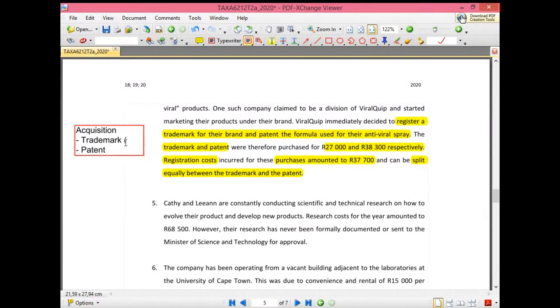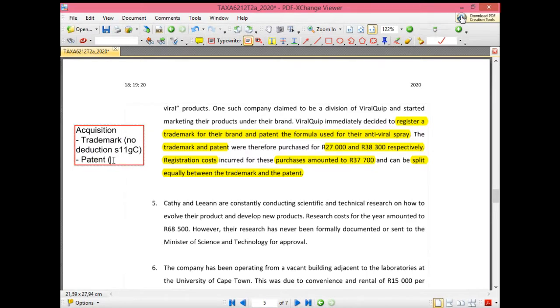So the trademark one will have no deduction in terms of section 11BC. Okay, whereas with the patent, we will get a deduction, but now we have to go look at what is the value. So this is where the 5,000 or more or less is.